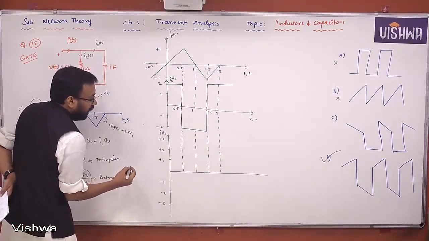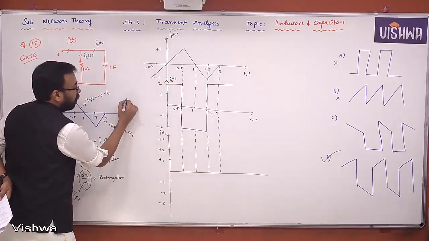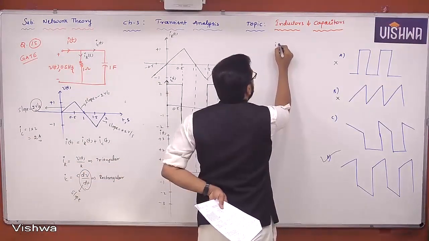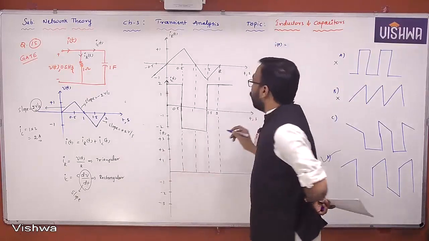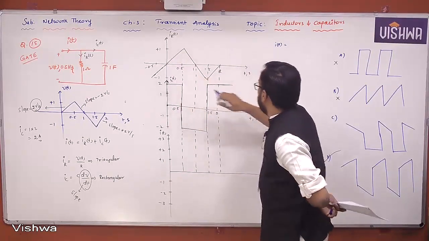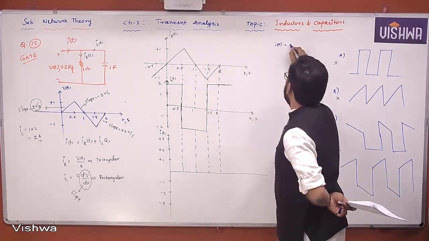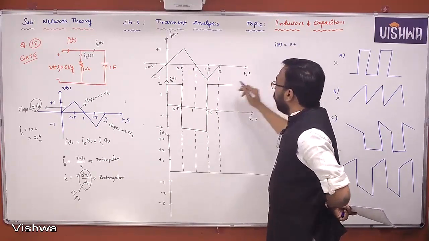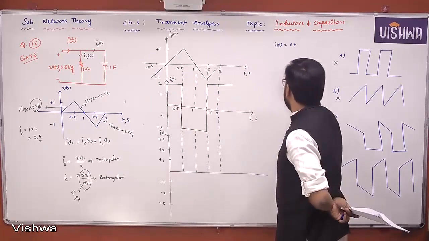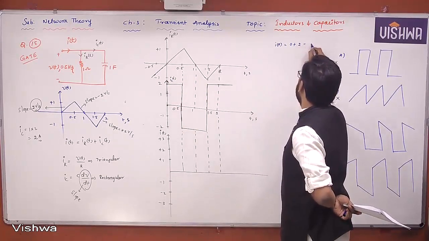Now, I of t can be written as what? Let me calculate here. I of 0. What is I of 0? I of 0 is nothing but IR of 0, nothing but 0. 0 plus, what is IC of 0? Nothing but 2. Yes or no? So what do you get here? Plus 2.